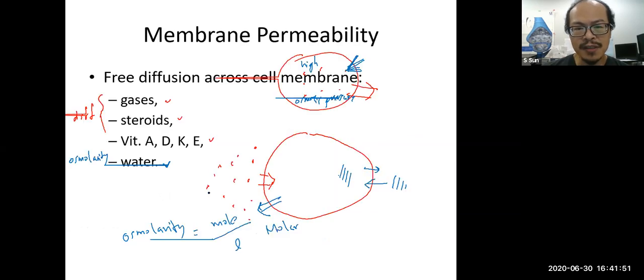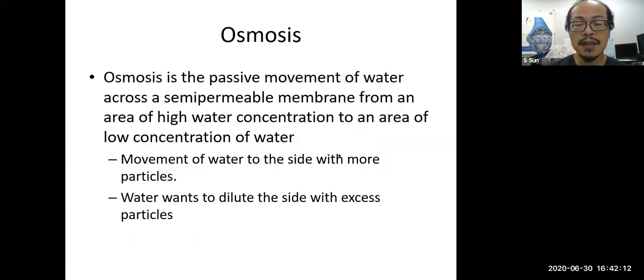This substance includes gases, O2, CO2, steroid hormones, vitamins A, D, K, they will move across, but the net effect is from high concentration to low concentration, okay? And the other is the osmosis, the osmotic pressure of the water.